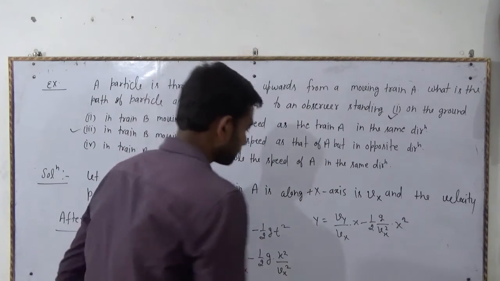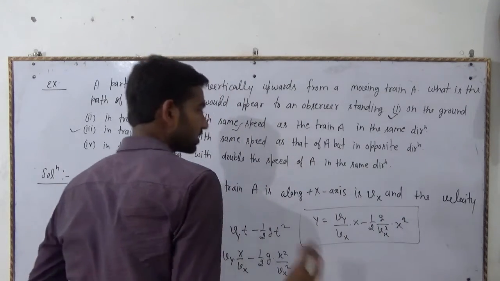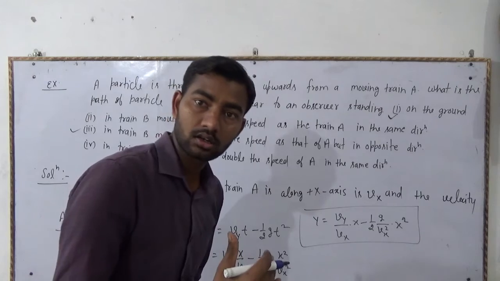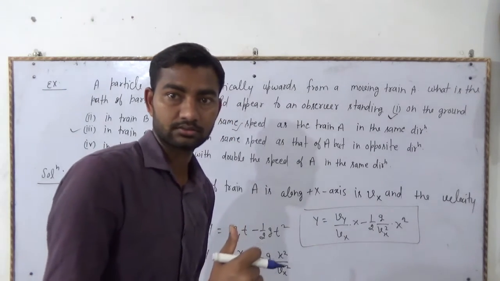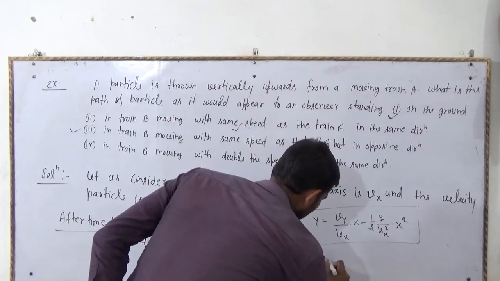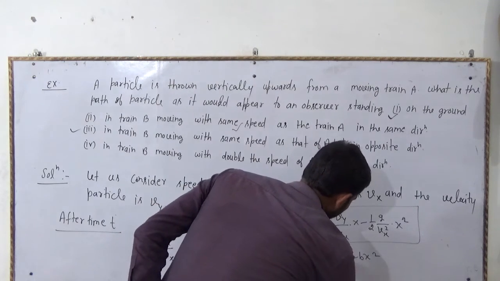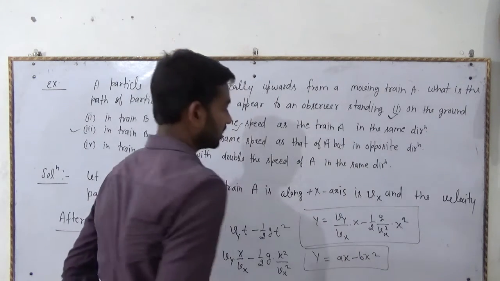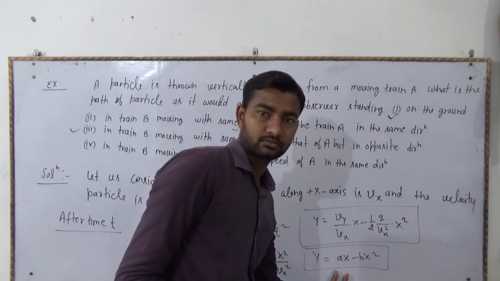Friends, this equation represents a parabola curve or parabolic path, because this equation is of the type a x minus b x square. This is the equation of a parabola.